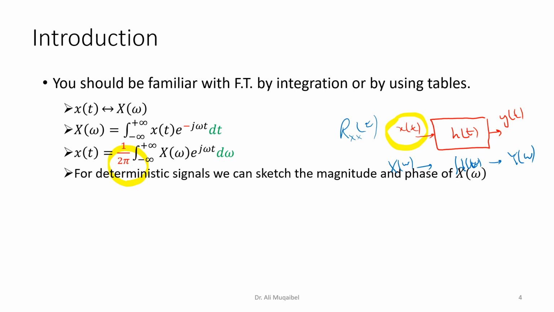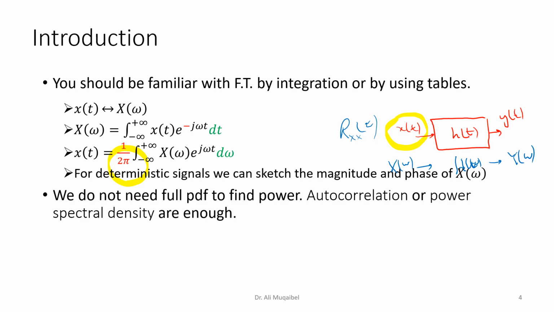That's in time. And then in frequency also, we want to have an equivalent to the autocorrelation function, which we'll see to be the power spectral density. So we do not need the full PDF to find the power and to deal with the systems.